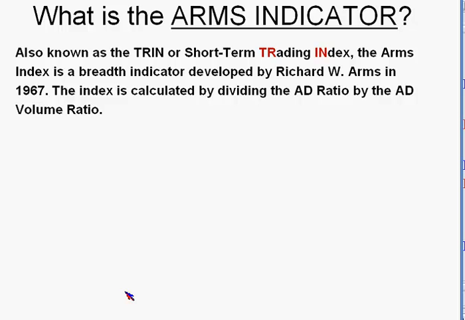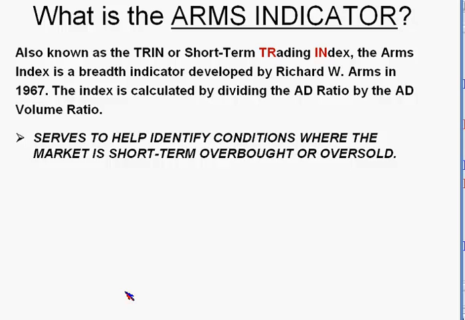What that means is we take the volume of the stocks that are moving up for the day and the volume of the stocks that are moving down, and we make a ratio of that. So you have a ratio of breadth, if you will, the advancers to the decliners, divided by the volume of the advancers to the decliners. So it's two fractional numbers, and you just do the mathematical calculation, and that's how you get the ARMS indicator.